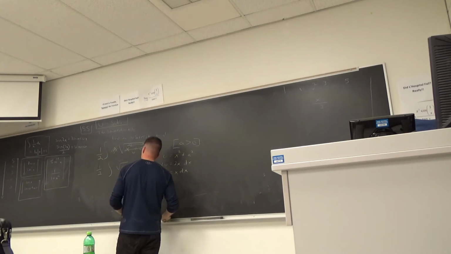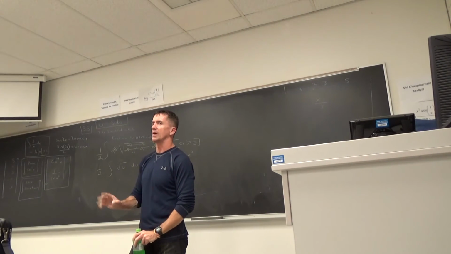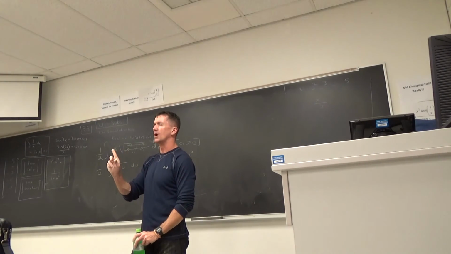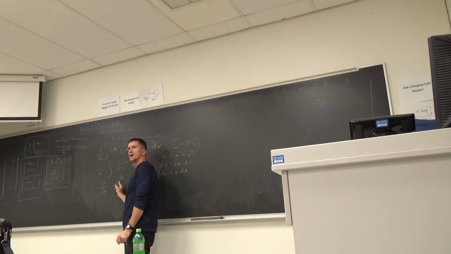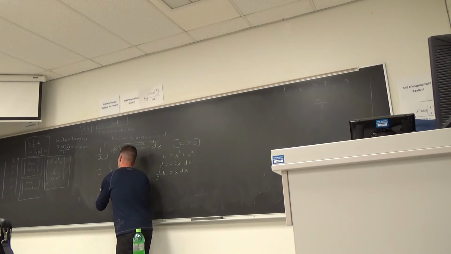I've got to think the square root of u is u to the 1/2, right? U to the 1/2, pump it up by 1, 3 halves, and then divide by 3 halves, 2/3. U to the 3 halves, divide by 3 halves, flip it.